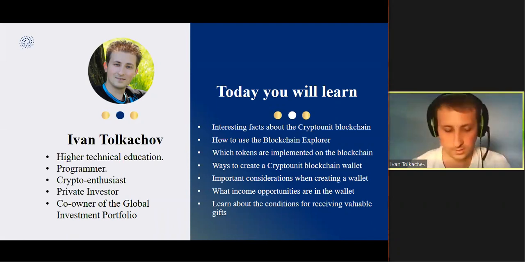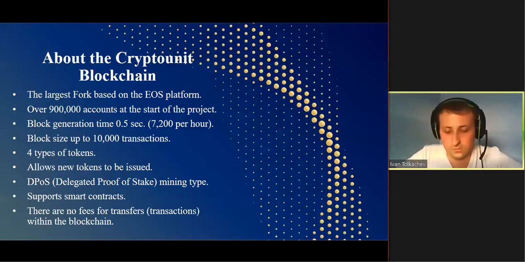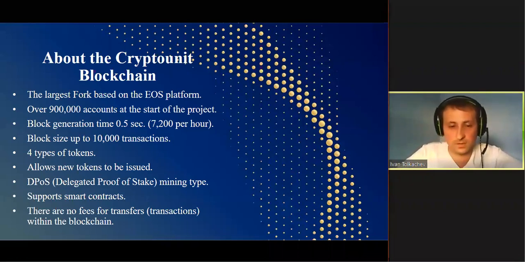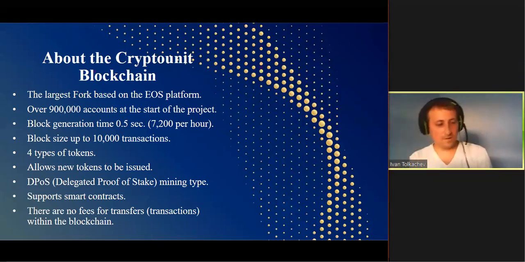Next slide, please. Well, what is the Cryptounit blockchain? At our last session, a good example was cited. Different blockchains were presented, Ethereum-based and Bitcoin-based, and he compared Bitcoin with a button telephone, Ethereum with a more updated telephone, and EOS with a personal computer already.